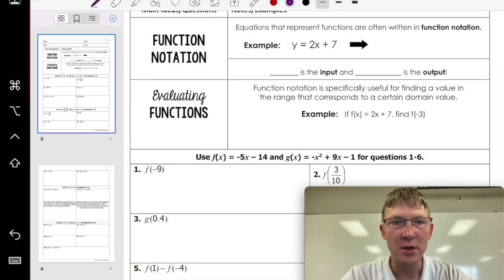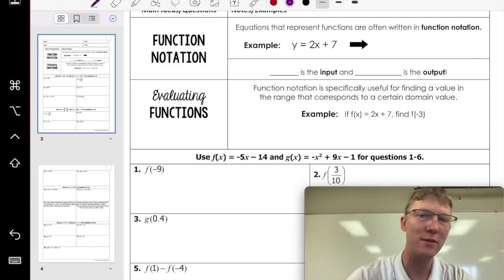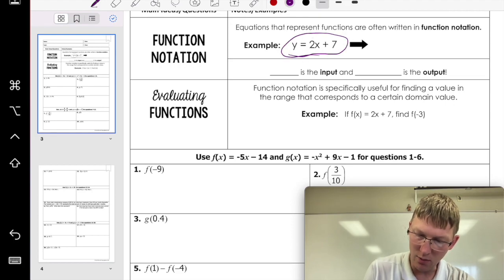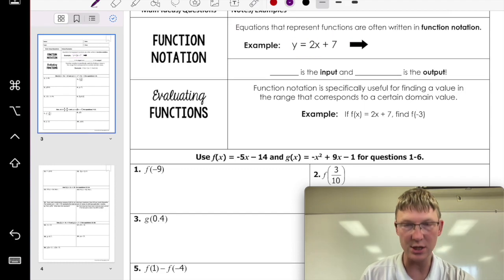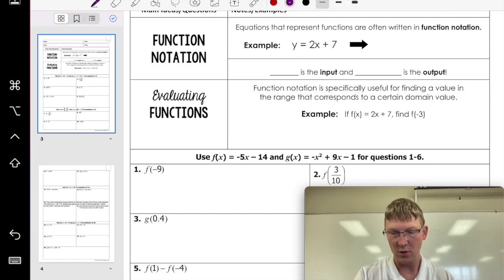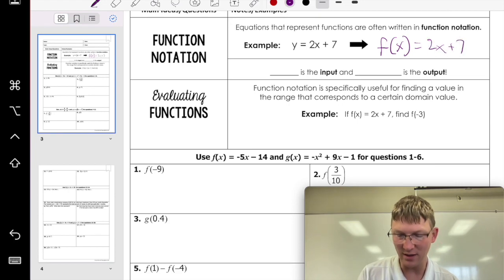So, last part about functions: how do we write them and how do we communicate them? This talks a little bit about the language and the symbols we use to communicate that this is in fact a function. For example, if we have y equals 2x plus 7, just a regular equation, and we wanted to write that as a function, we would write f of x equals 2x plus 7.